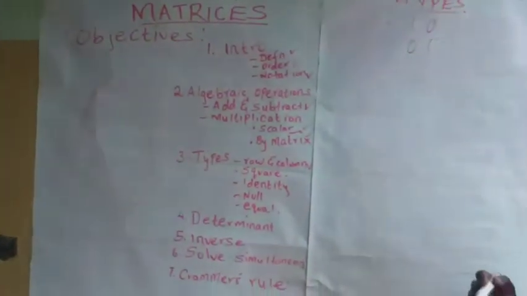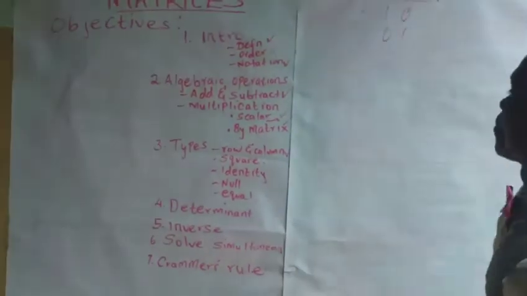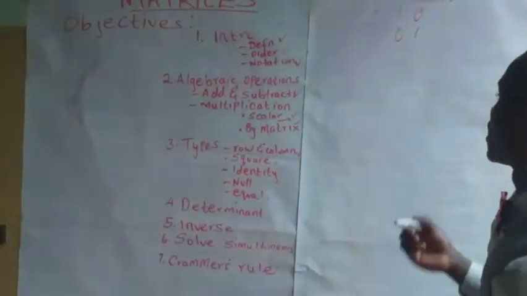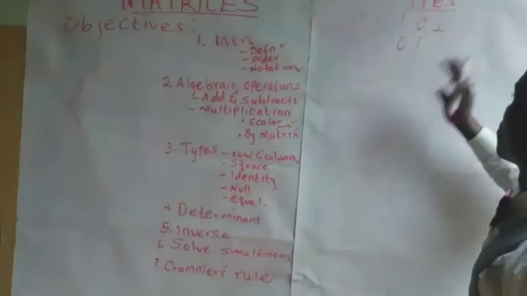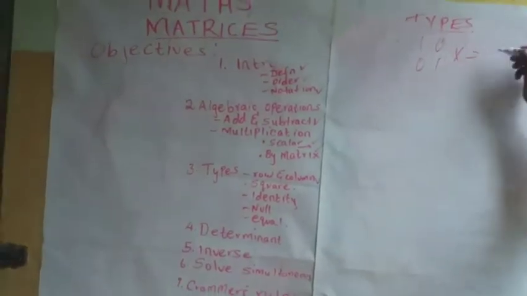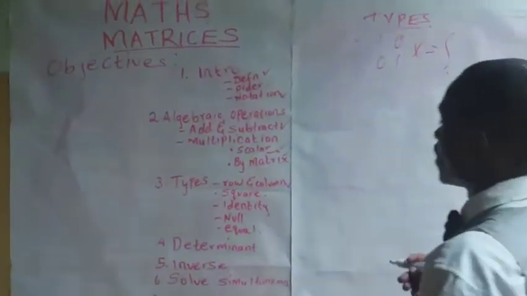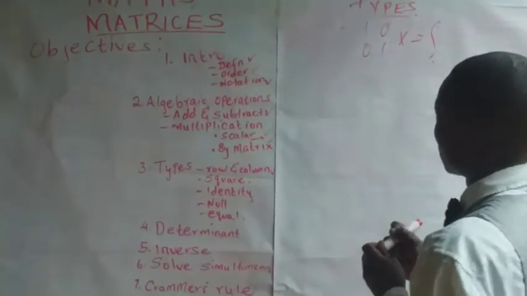So that is what we call an identity matrix. Why is it called an identity matrix? Because if you multiply this matrix by anything, it will just give you back that same matrix.